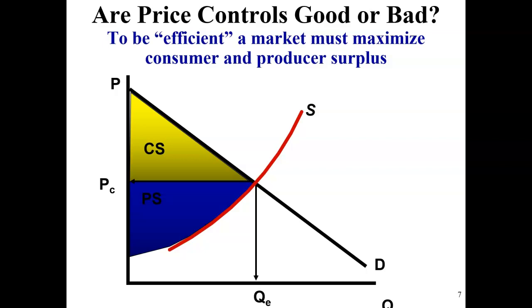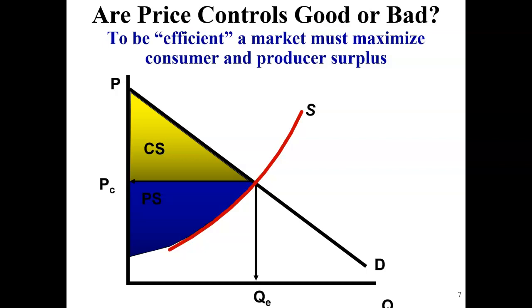So consumer surplus is measured in dollars, and for our purposes, we can use the area of a triangle to actually figure out consumer surplus. It's always going to be below the demand curve, the shaded area below the demand curve up until the equilibrium quantity, and the bottom of your consumer surplus triangle will always be the equilibrium price, okay? And of course, consumer surplus can change shape if the price changes or something else changes.